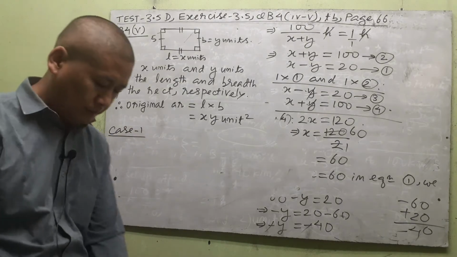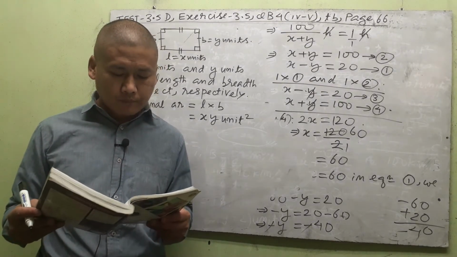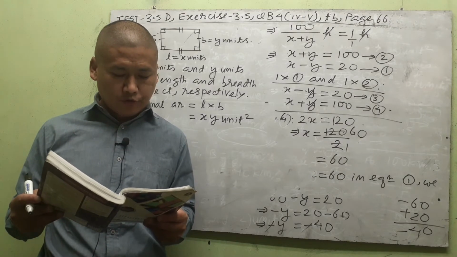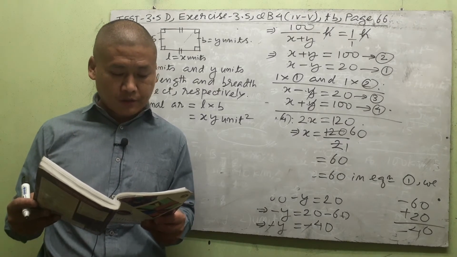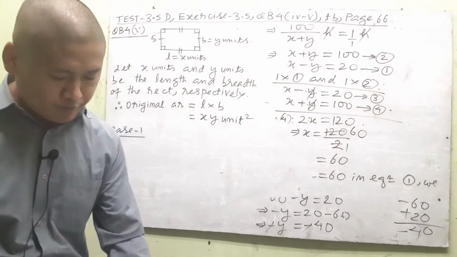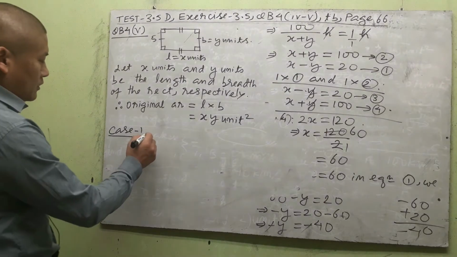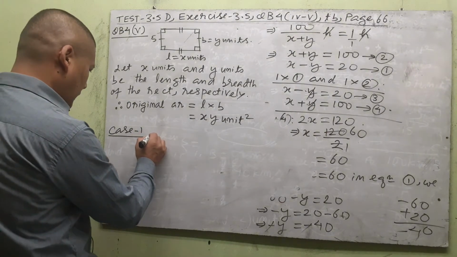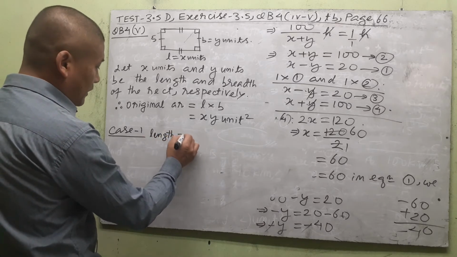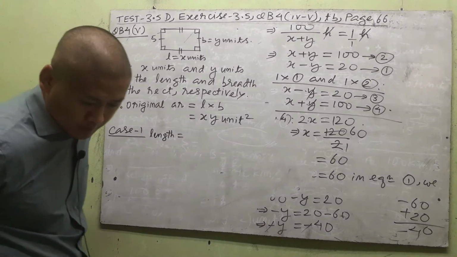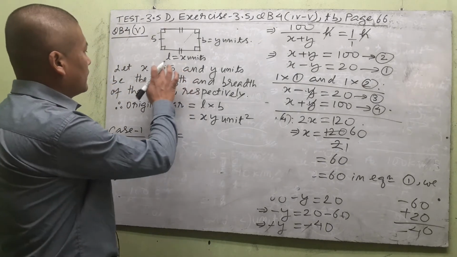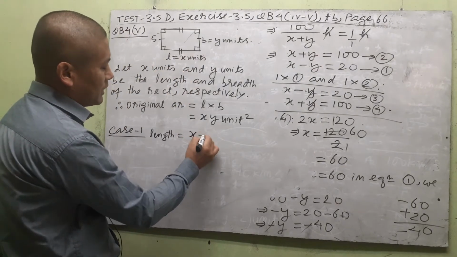Now let us take case 1. Let us read: if its length is reduced by 5 and breadth increased by 3 units. So in case 1, if its length is reduced by 5, the original length was x, so reduced means minus.